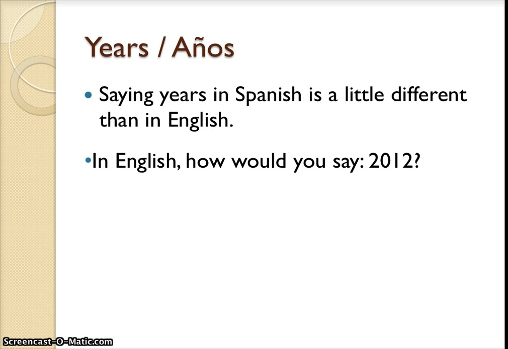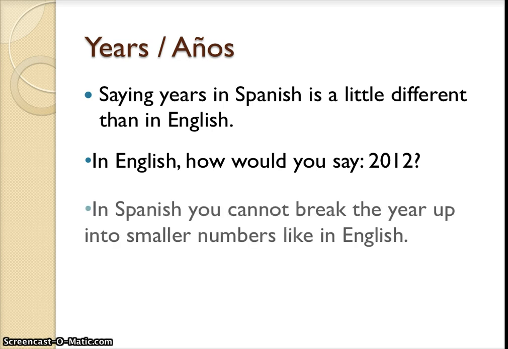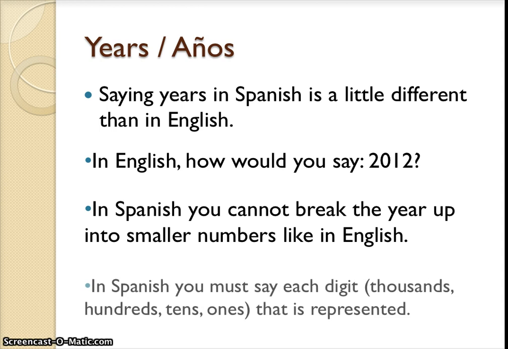Others may say two thousand twelve. Okay? In Spanish, you can't break up the year into smaller numbers like twenty twelve. You have to spread it out, two thousand twelve. And again, you have to say each digit. So you have to say the thousands, hundreds, tens, etc.